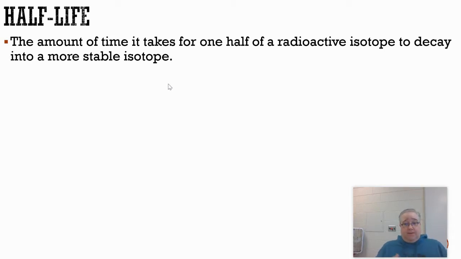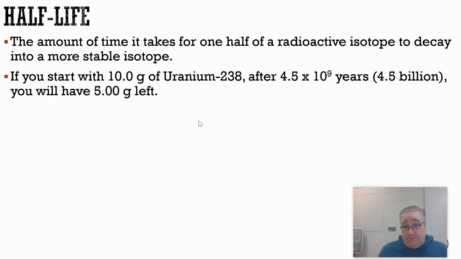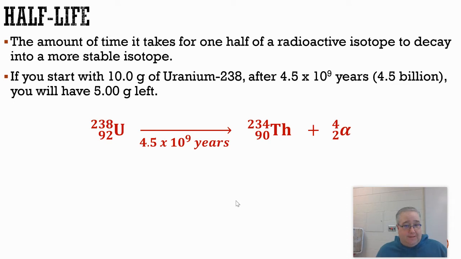So essentially, in chemistry, if you have something that's unstable and it undergoes decay, it will turn into something more stable.